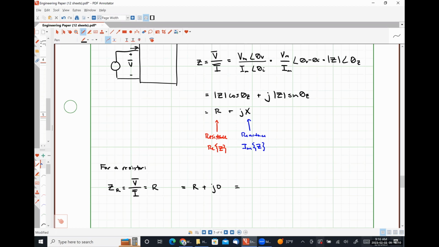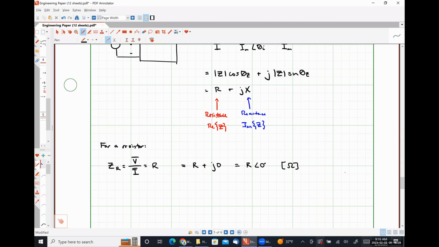And in a polar form, that will be R angle 0 degrees. So what are the units of resistance? Ohms. So the impedance of a resistor is measured in ohms. I'm going to put here rectangular and over here polar.